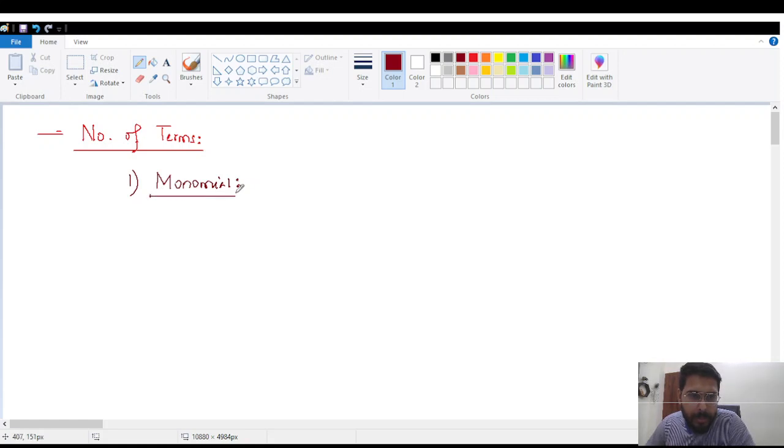Monomial is the first category in which a polynomial can be classified. Polynomials having just a single term are known as monomials.